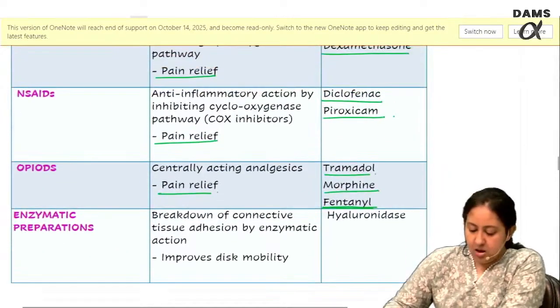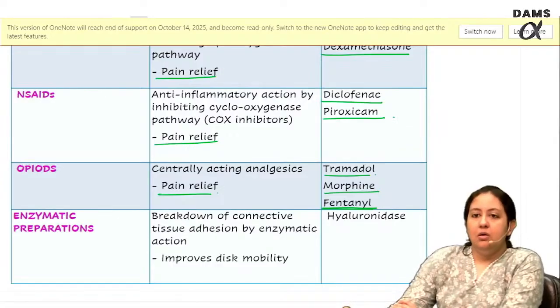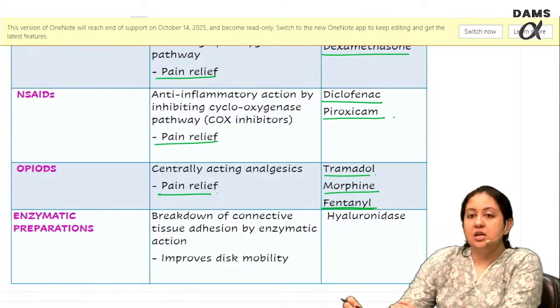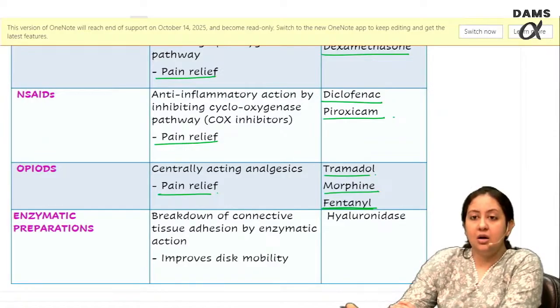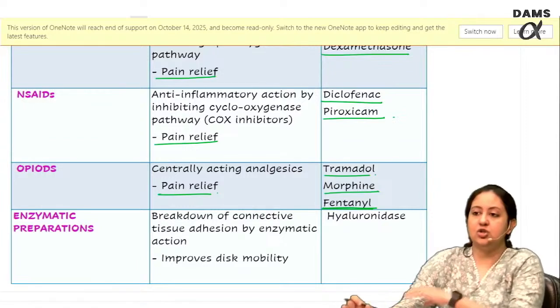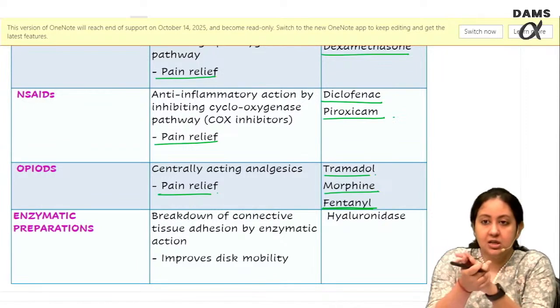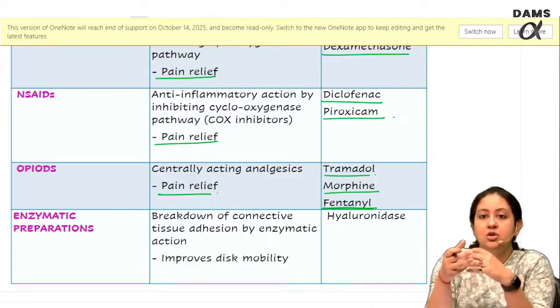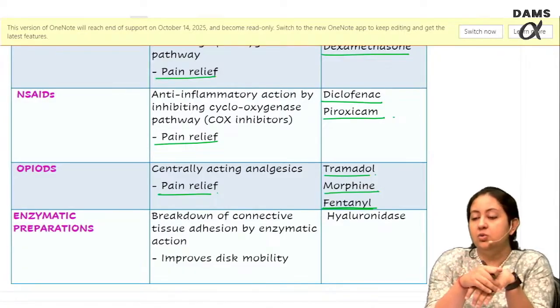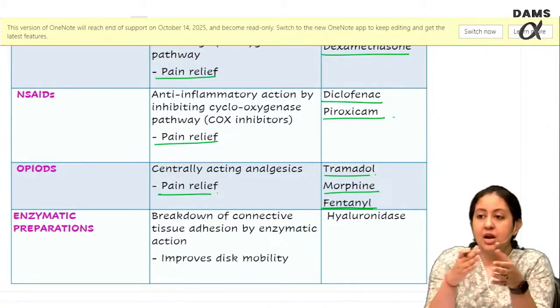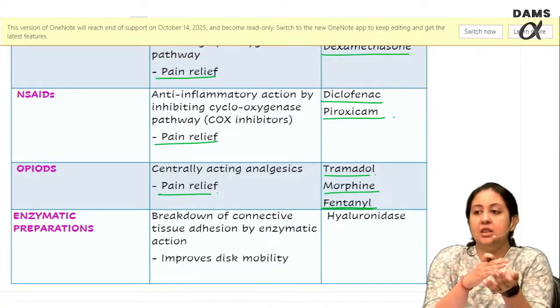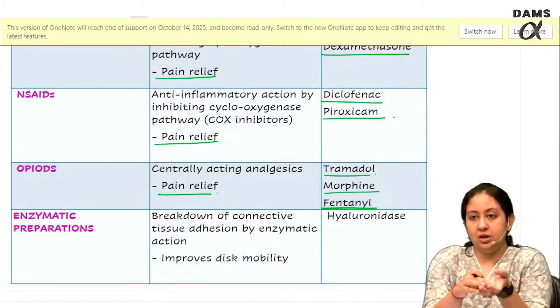And you can inject certain enzymatic preparations which improve the disc mobility by breaking down adhesions. Let's presume the disc is stuck to the clinoid fossa, so you can introduce these enzymatic preparations, they break down the adhesions and improve the mobility of the disc.